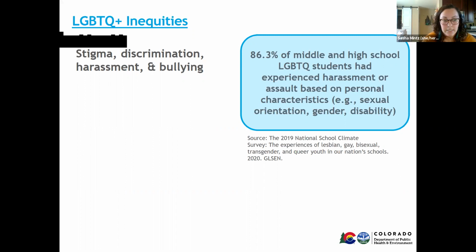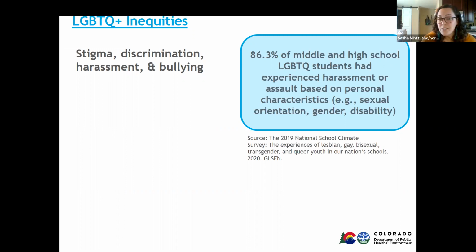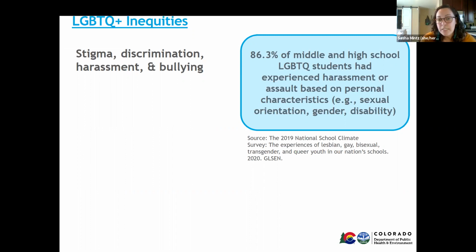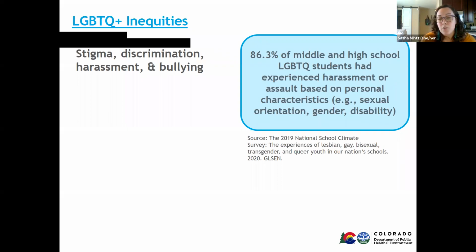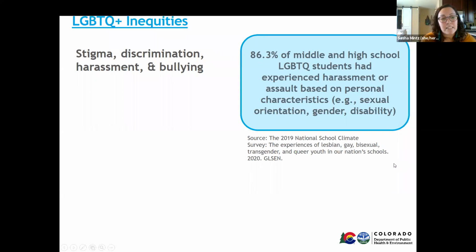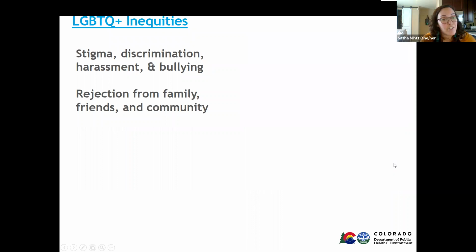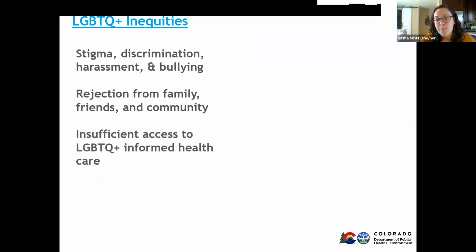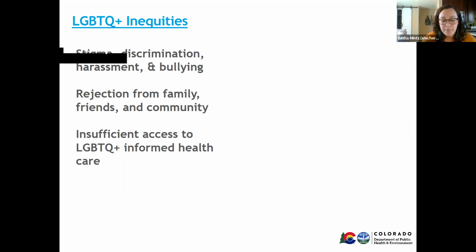Discrimination experienced by LGBTQ+ youth is driven by the heterosexual and cisgender norms that dominate our culture and systems. The social context results in LGBTQ+ people experiencing discrimination, stigma, and bias, including rejection from family, friends, and community, as well as limited access to LGBTQ+ informed healthcare.